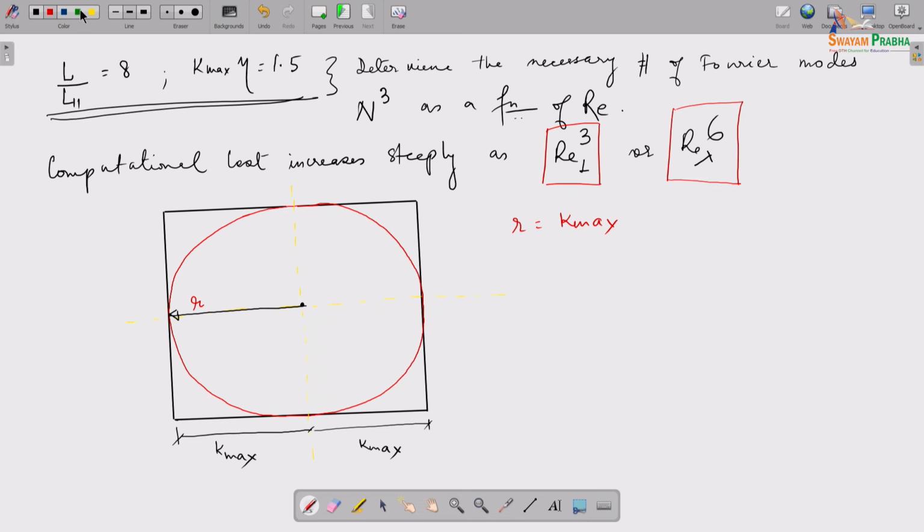Then next, let me draw another circle here, and here this R is equal to something.